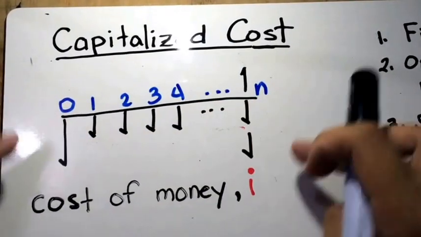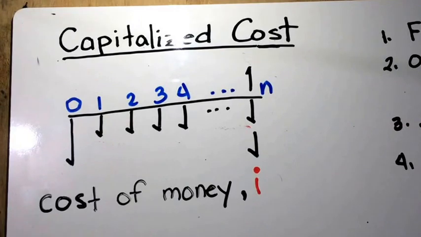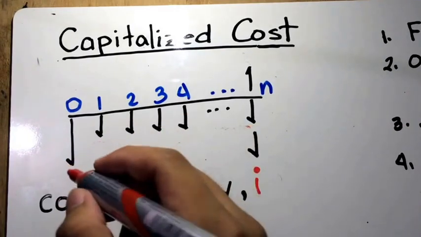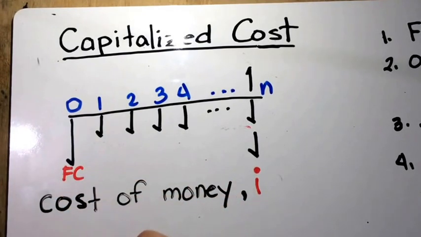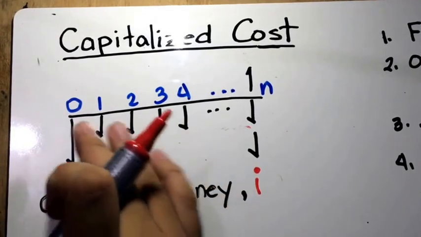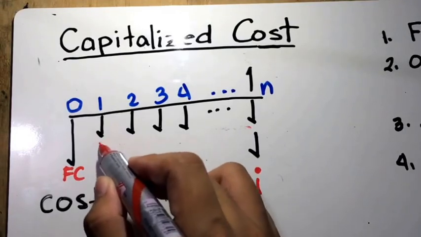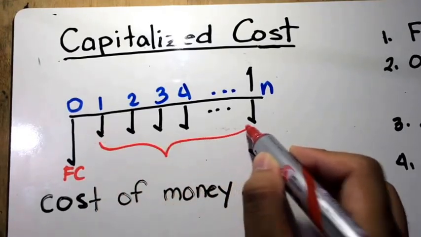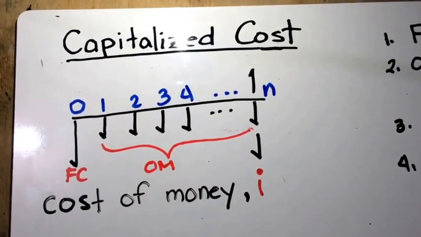Now, I have here a typical cash flow diagram of a machine or an item. Now, for our first year, when we buy that item, we initiate buying it. We have here our first cost. And during the succeeding years, during its operational life, we have here what we call the operating and maintenance cost.